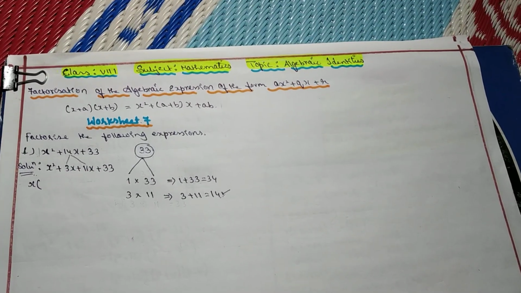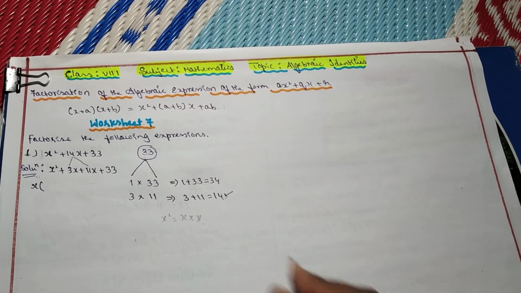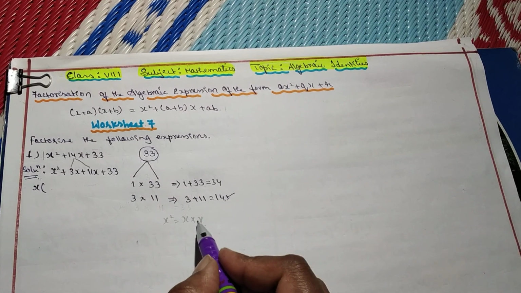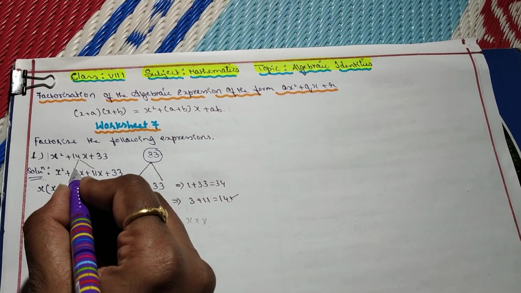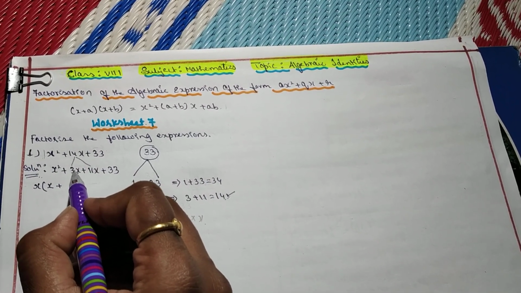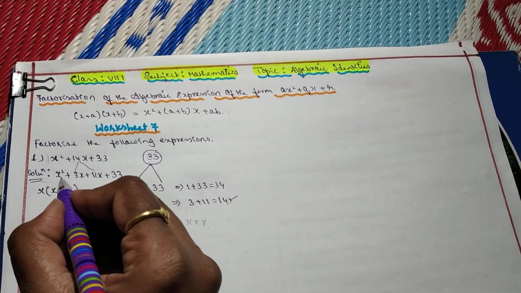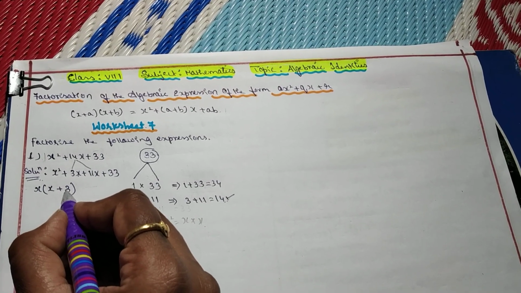We know that x square can be written as x into x, right? So 1x is taken outside as a factor and the remaining x will be within the bracket, x plus, and in this term, x is taken as a factor and the left out factor is 3. So in between these two, x is taken common and the remaining is x plus 3.